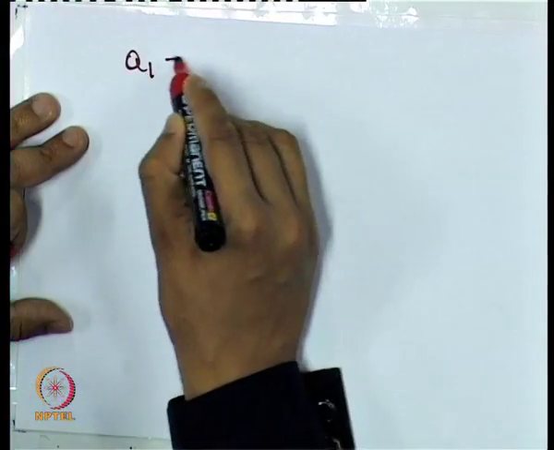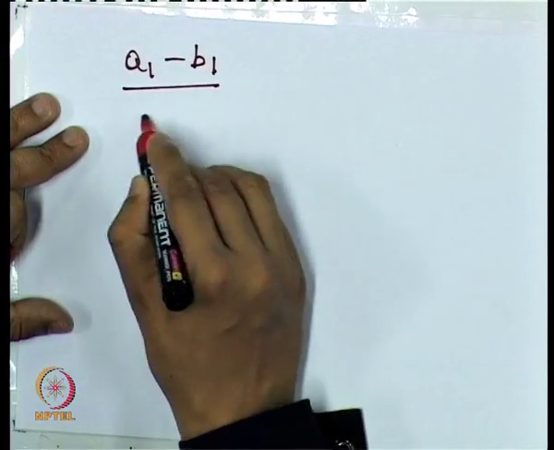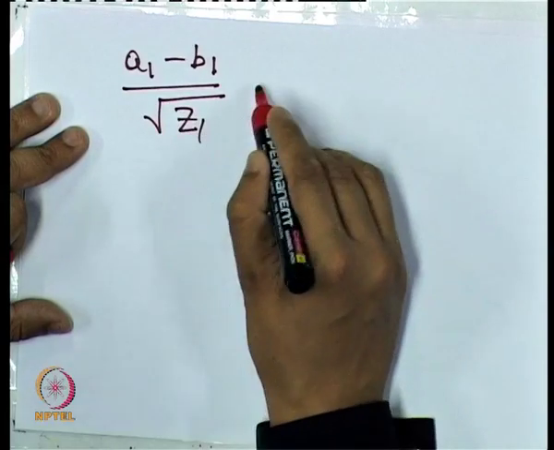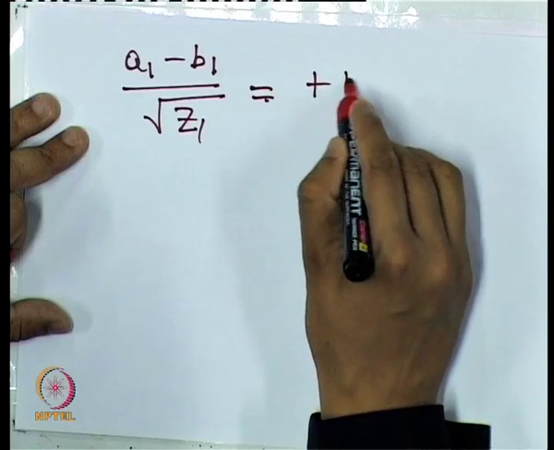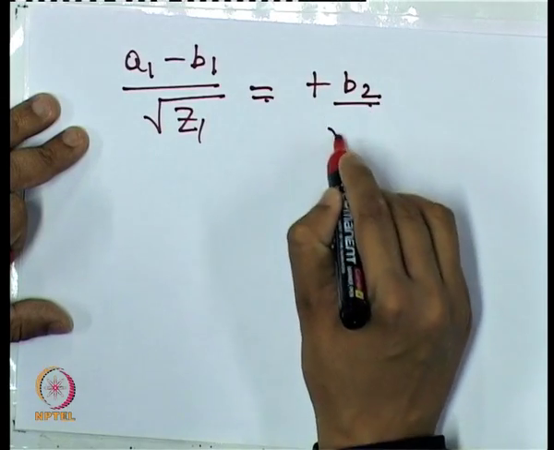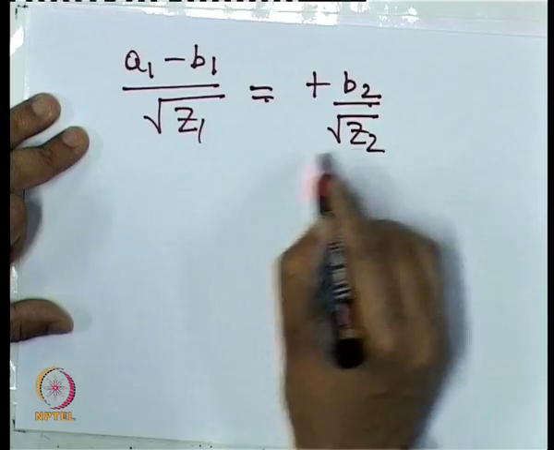So, from here we can simply write this down as (A1 minus B1) upon square root of Z1 is equal to plus B2 upon square root of Z2.